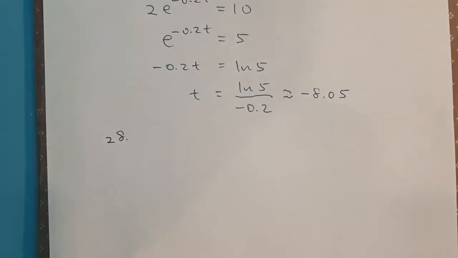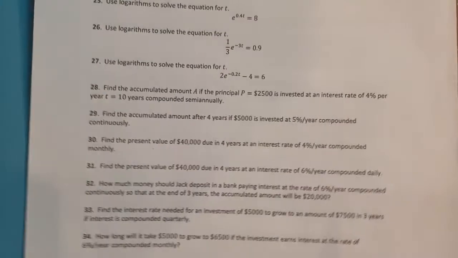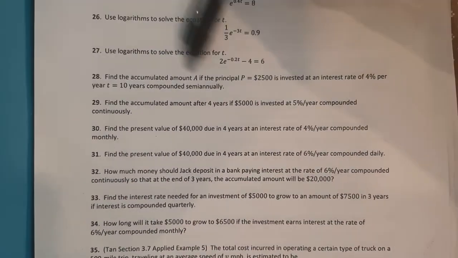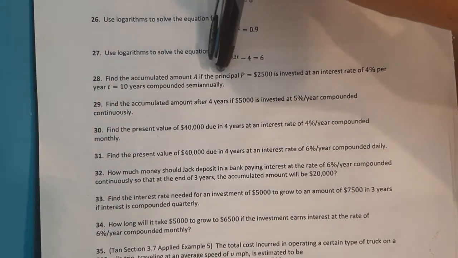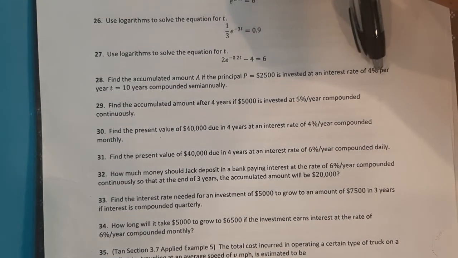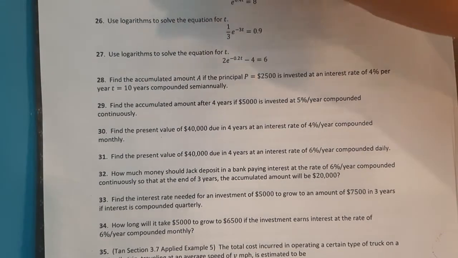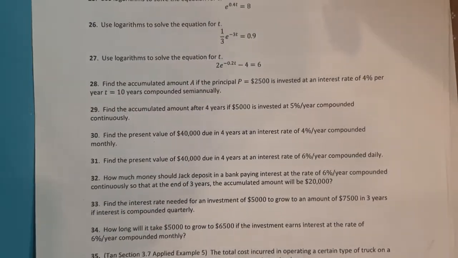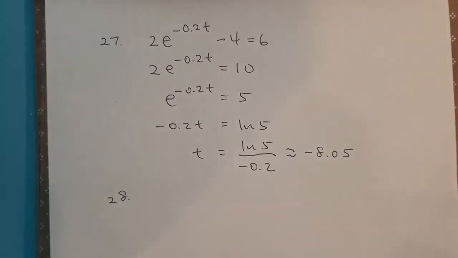So 28. Find the accumulated amount A if the principal P equals 2,500 is invested at an interest rate of 4% per year, t equals 10 years, compounded semi-annually. For this one, you need to remember the formula for compound interest.